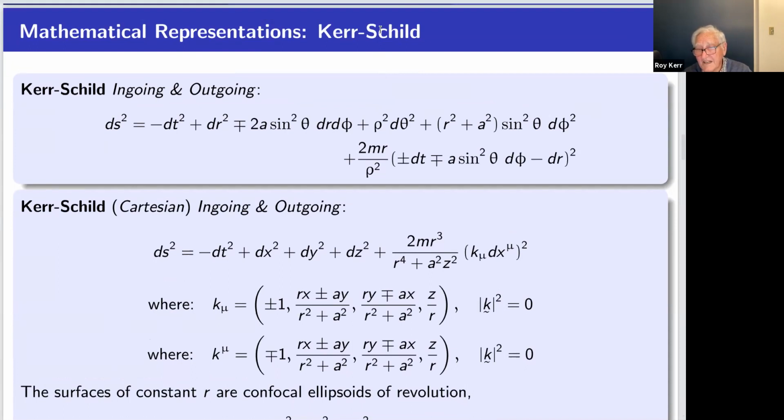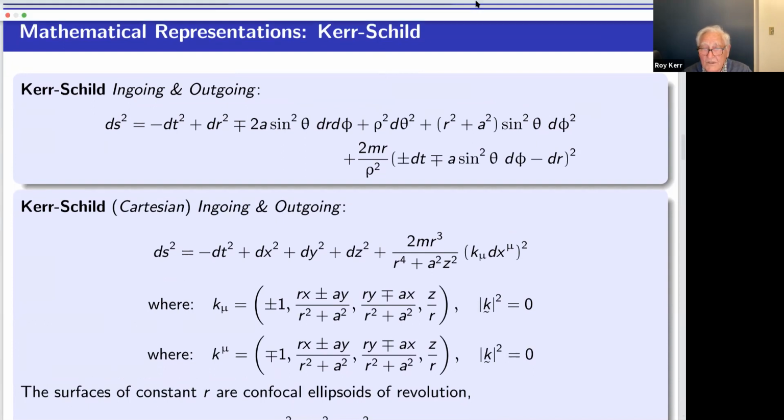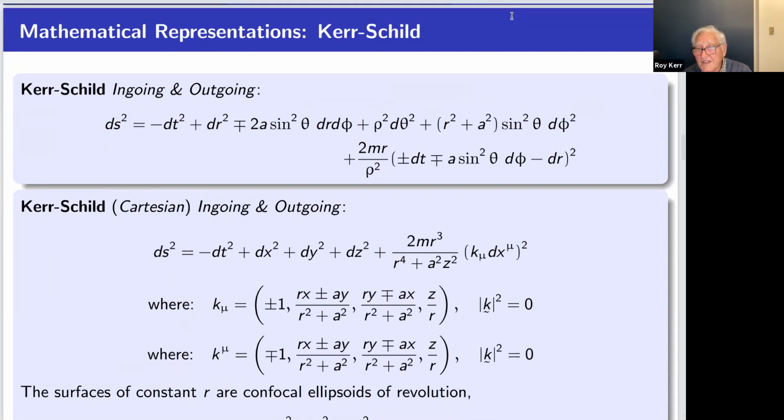what happens to be a light vector. Now, for those who don't know, the beauty of this form of the metric is that the determinant of it is independent of the mass, because this is a null vector, not only in the full metric, it happens to be a null vector in the background flat space.